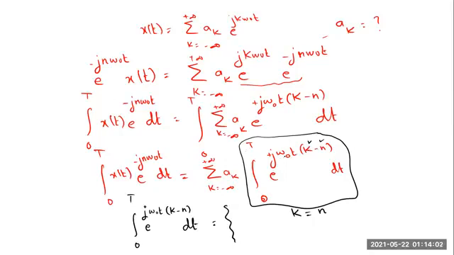The exponent will be equal to 0, so e raised to the power j0 means 1. If you integrate 1 from 0 to T, you will get T. The other possibility is if k is not equal to n, then this integral will become equal to 0.